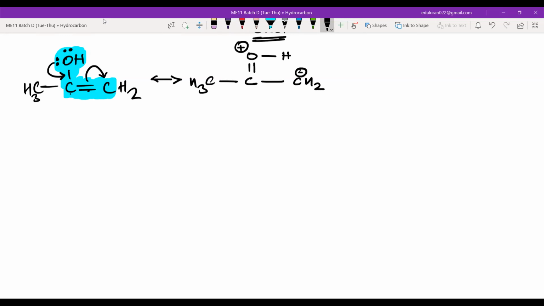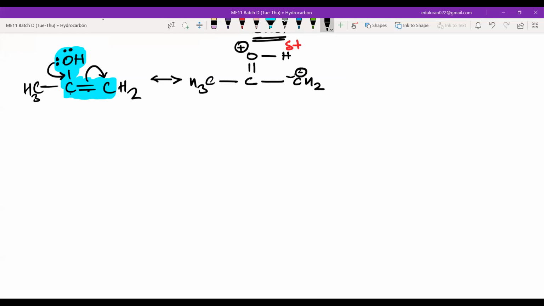Now I want all of you to concentrate on this hydrogen. This hydrogen is already attached to a very electronegative element, oxygen, and now this oxygen has got a complete positive charge, which is going to pull the electrons even more effectively from the hydrogen atom. That is why this hydrogen will get a very high delta positive charge, and it is very close to the negative charge on this carbon atom.